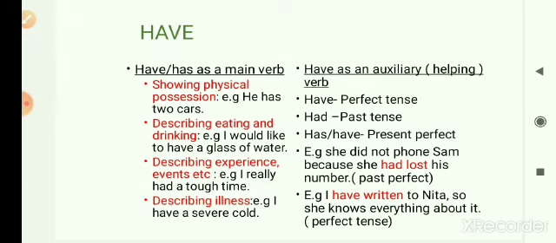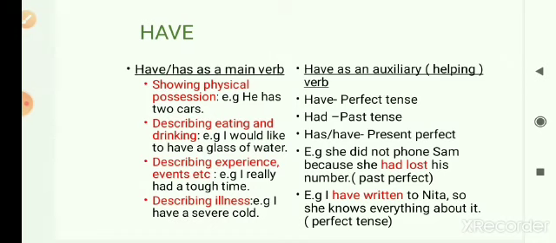Showing physical possessions. Example, he has 2 cars. When a few things belong to me, belong to you or belong to someone else, we can use have or has. Describing eating and drinking: I would like to have a glass of water. I would like to have a piece of cake, and so on.